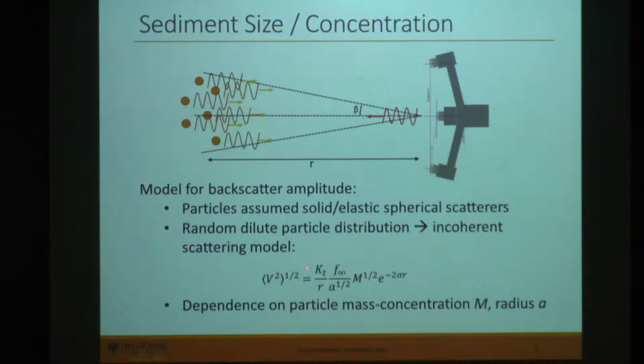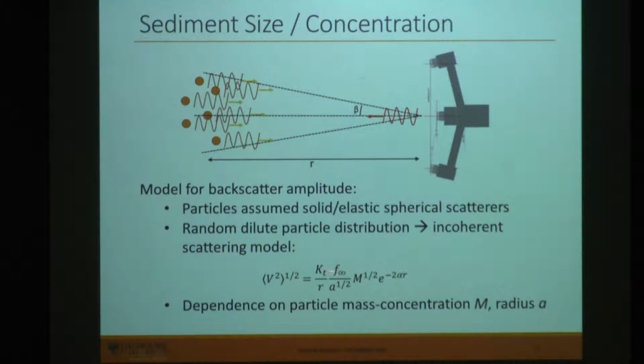But with that, I'll just go through the different terms in the equation here. This is what we measure, which is the root mean square backscatter over an ensemble of pings. And on the right, this is an instrument sensitivity coefficient. I've done work in the lab to calibrate our instrument for absolute backscatter amplitude. There's an inverse range dependence, which accounts for spreading of the acoustic energy with range.